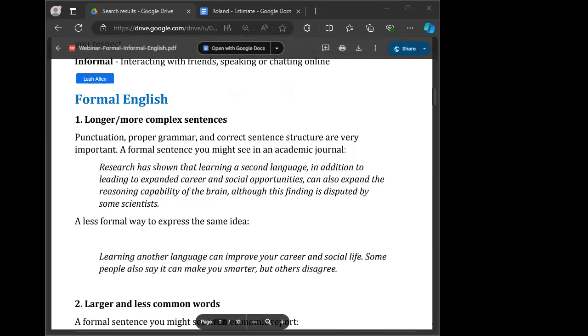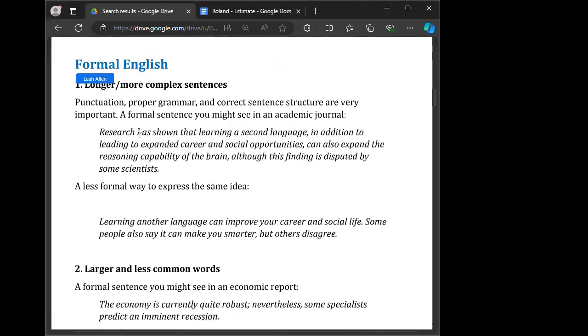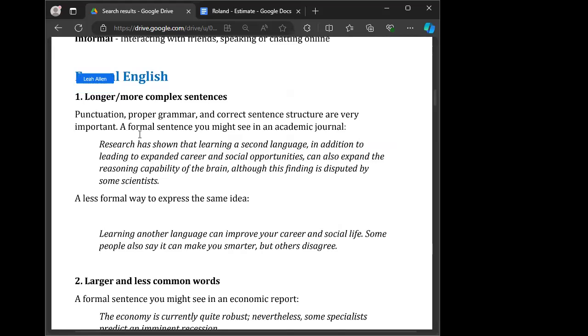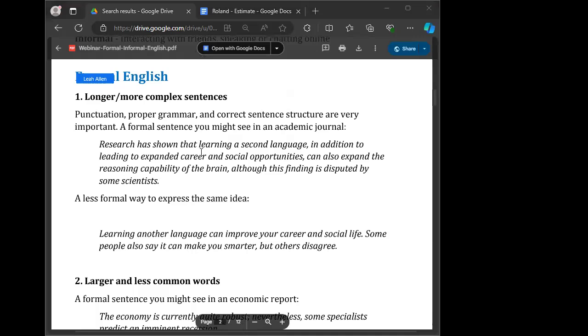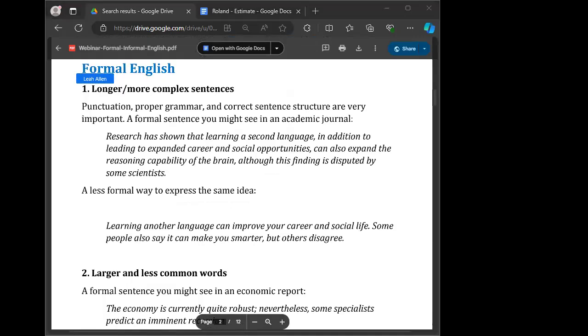Okay, so for formal English, we need to know how to recognize formal English. Formal English is going to be recognized by longer and more complex sentences. So formal language is going to have very long sentences.